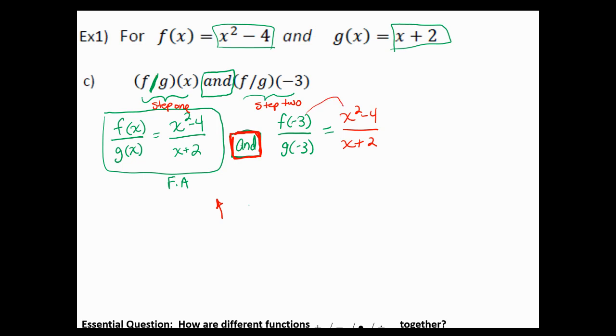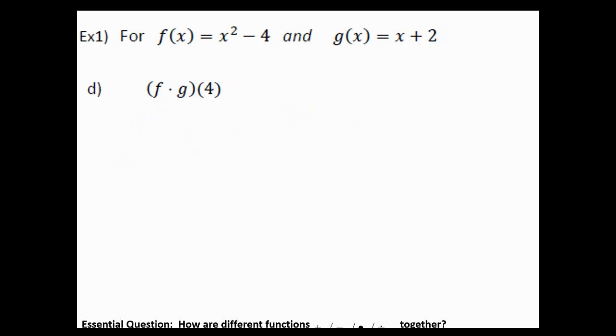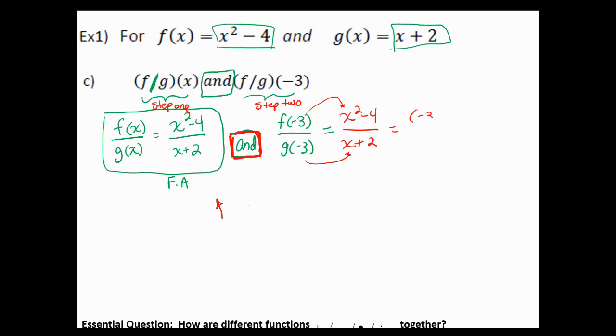So I'm just going to plop in a -3 right there, plop in a -3, and just do the math. So -3, plug it in for the x, square it, minus 4, and on the bottom, it says again to plug in -3, and then add 2, and then we're just going to do the math.